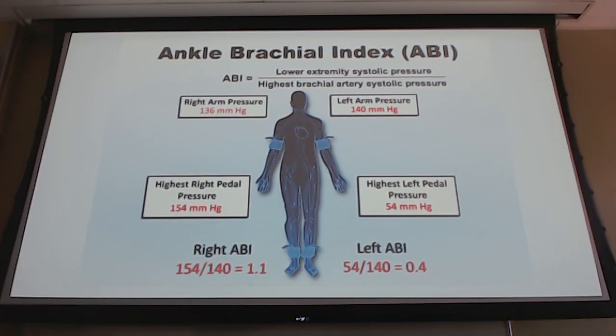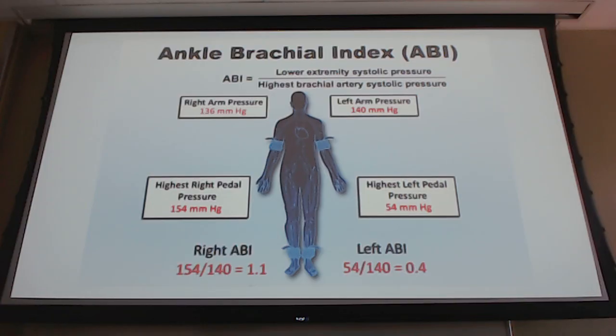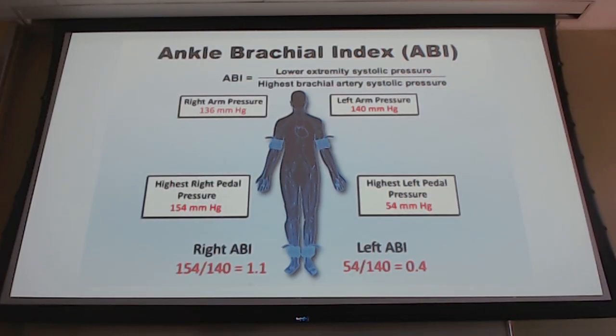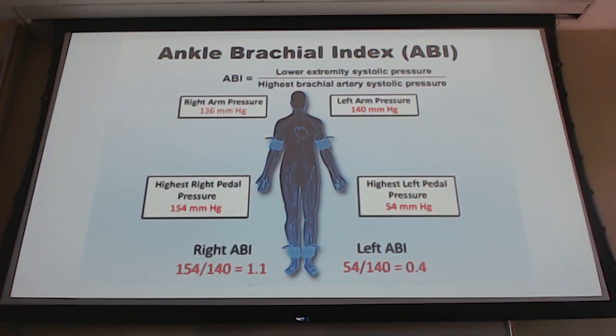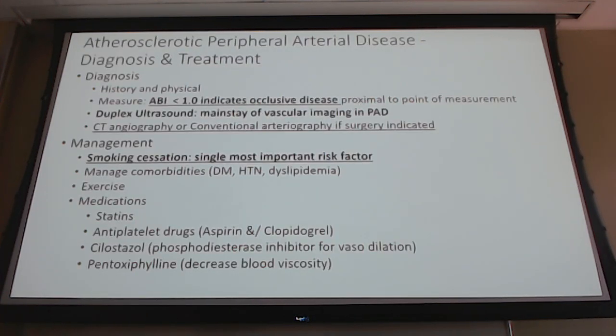You divide however the highest number is on top. Okay, so for this one, the left arm. So when you're doing right leg, you do the leg over the arm. And then this one is, again, the other leg versus the highest arm pressure. Does that make sense? Okay. So what does that mean? If an ABI is less than 1, it indicates occlusive disease.